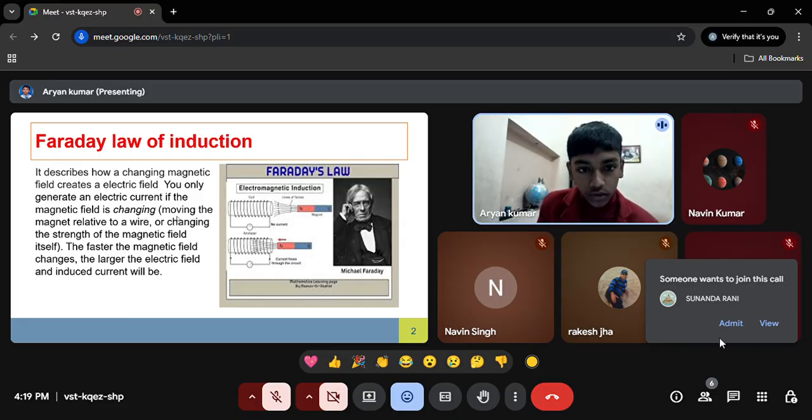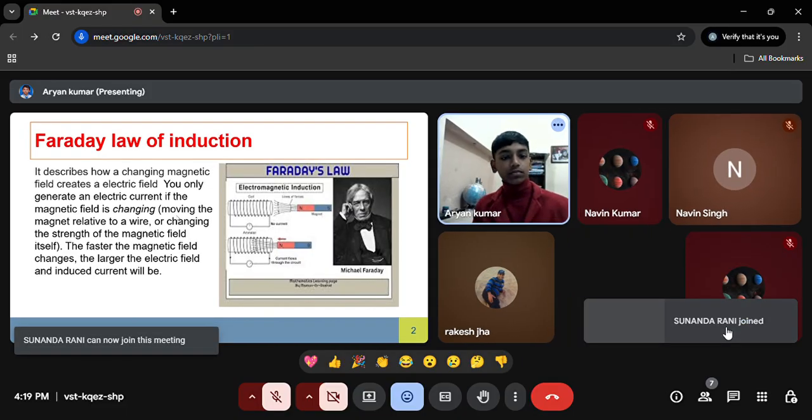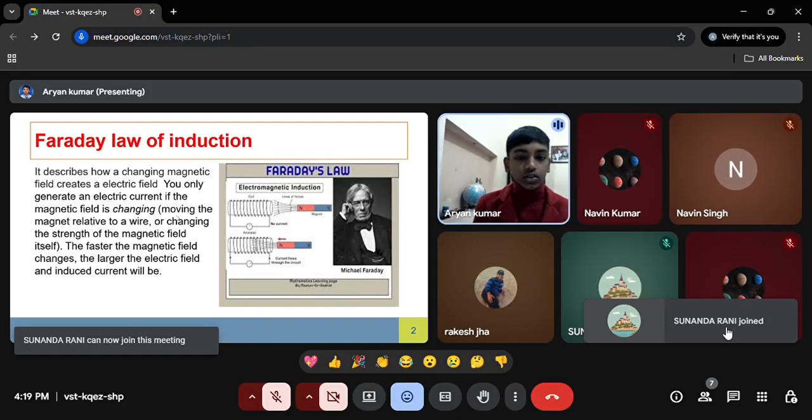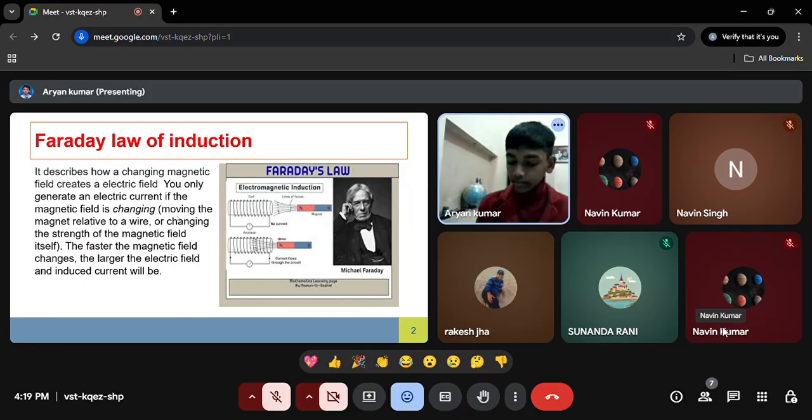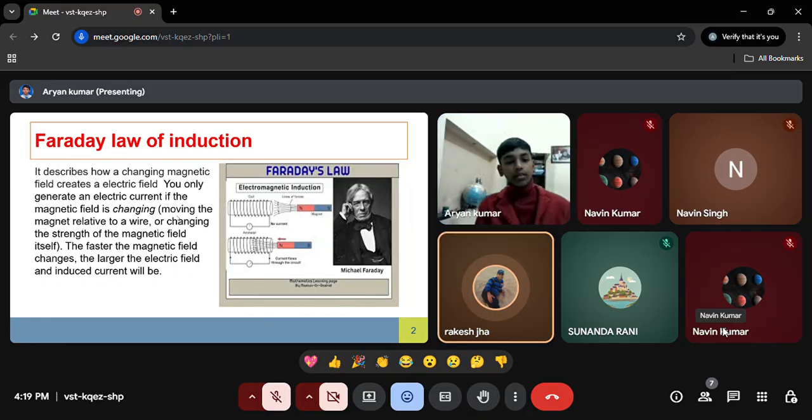So Saksham, I have a question for you. Yes, Aryan. If we move a magnet relative to a wire, do you know what would happen? Can you repeat your question, Aryan, because there is a lot of noise here.